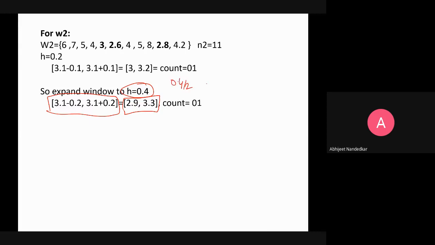Remember, this is 3.1 minus 0.2 and 3.1 plus 0.2. Whatever window size is given to you, you just divide it by 2 and then find out the limits. You will find the count is still 1. This is not sufficient because I am in search of k equal to 3.